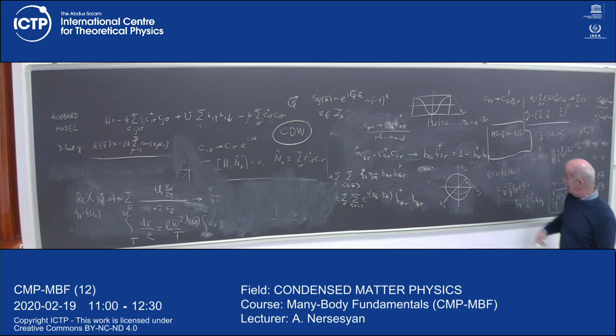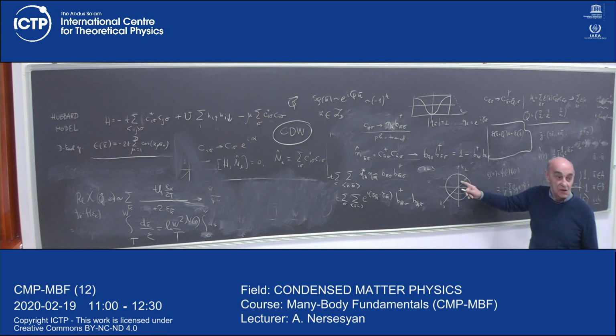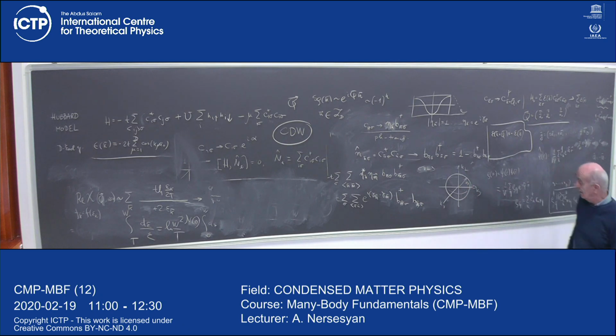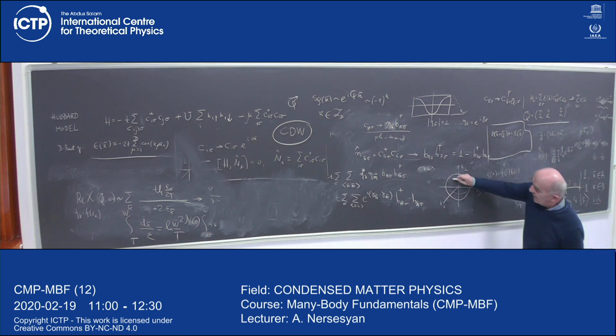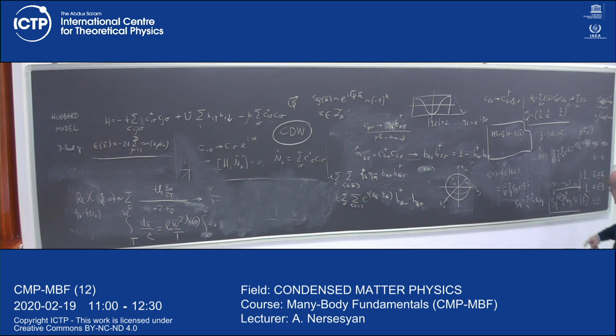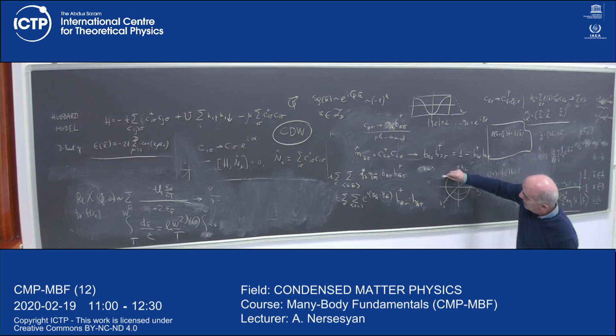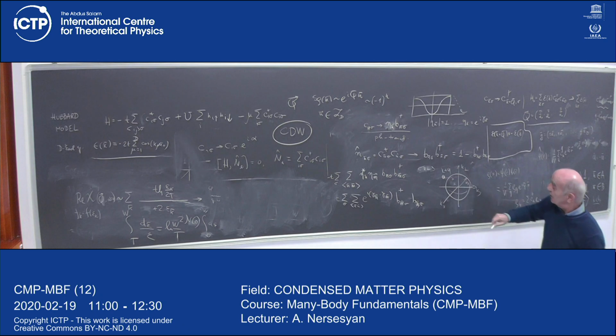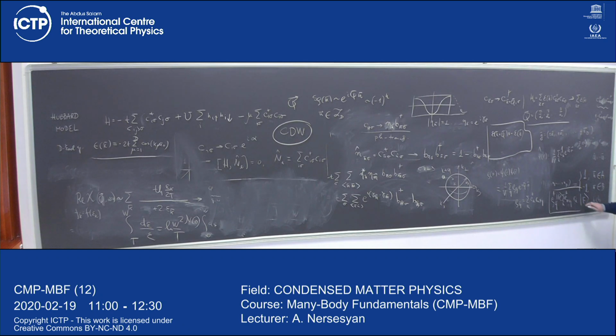So c_k, I can annihilate any state under the condition that the state is already filled. If it's not filled, it's zero. So this is the state called k, and I annihilate it. And then I bring it to a state which is k plus Q. But I have to bring it outside the Fermi surface, because if this state is inside the Fermi surface, first of all, the Pauli principle doesn't allow me.